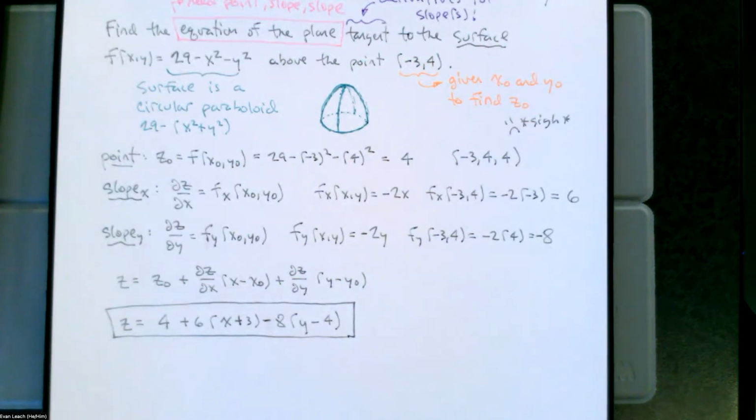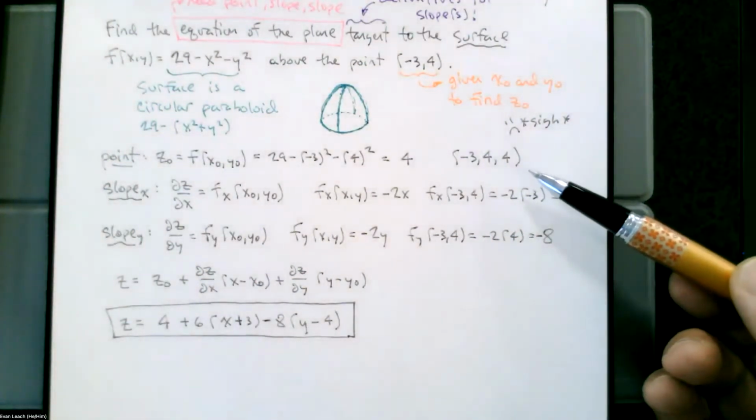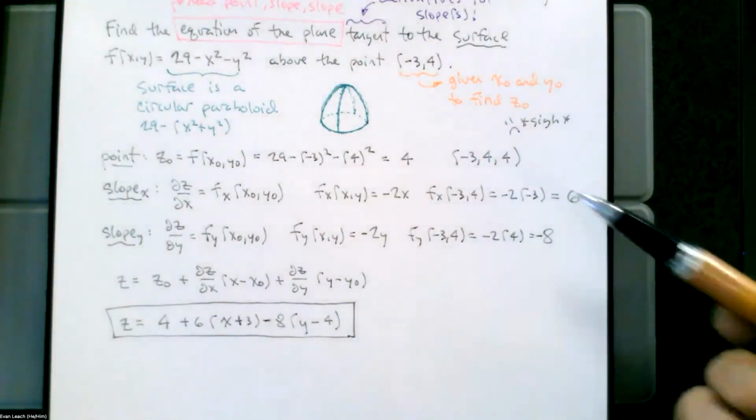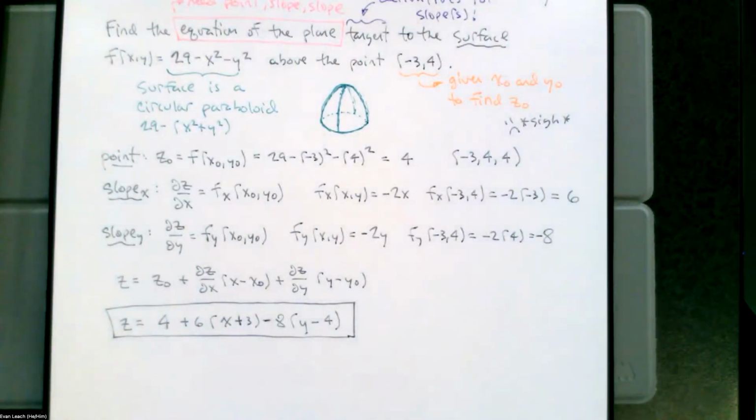Any questions? How's everybody okay? It's really bugging me that I used the 4 because the y and the z are the same. I really don't like doing that. It's one of the things that bugs me about the textbook.